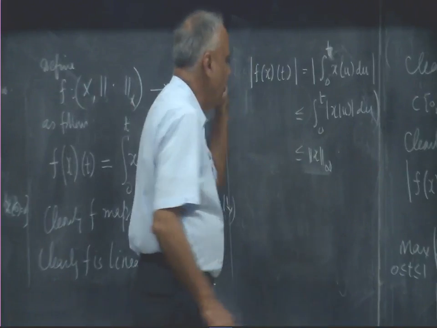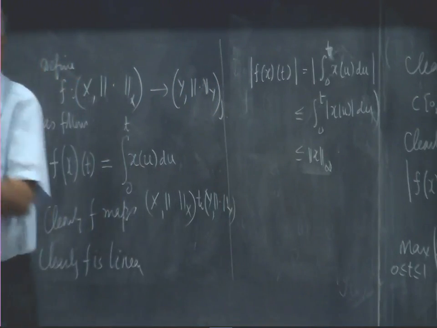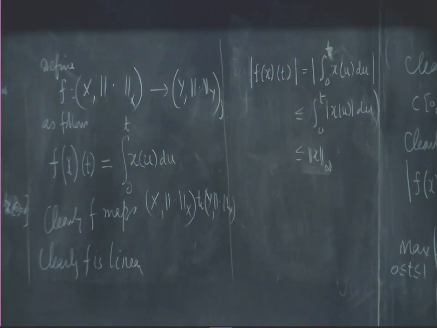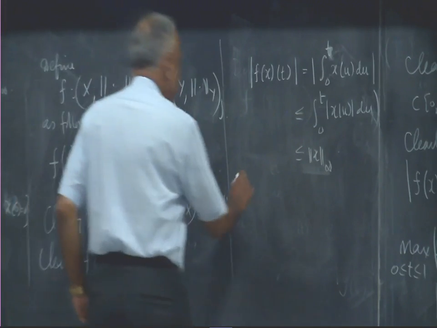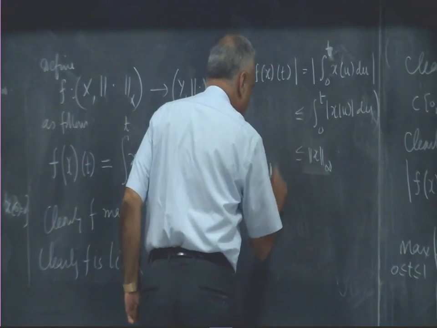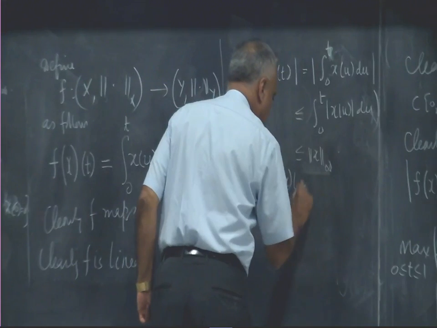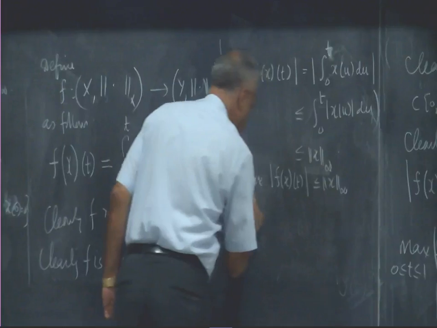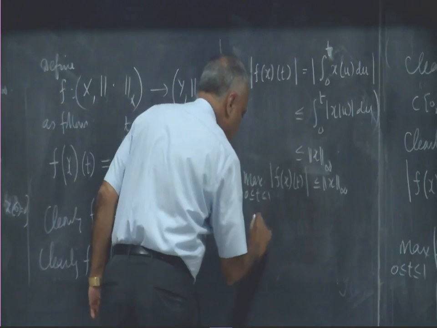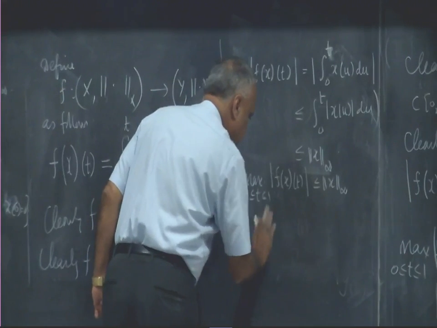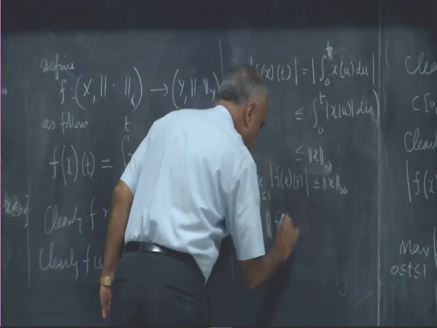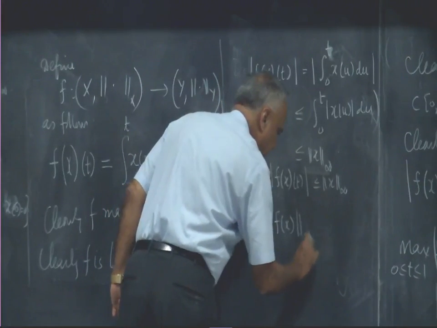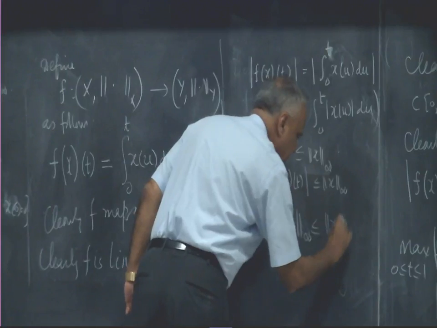So this coded function at every point t is below that constant, and therefore the maximum of mod f x at the point t is less than or equal to norm x infinity for 0 less than or equal to t less than or equal to 1. Therefore f is bounded, and norm of f x infinity is less than or equal to norm x.